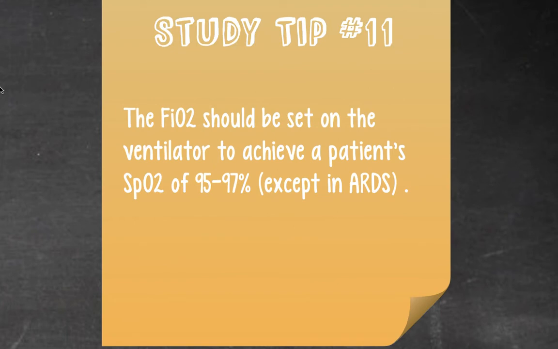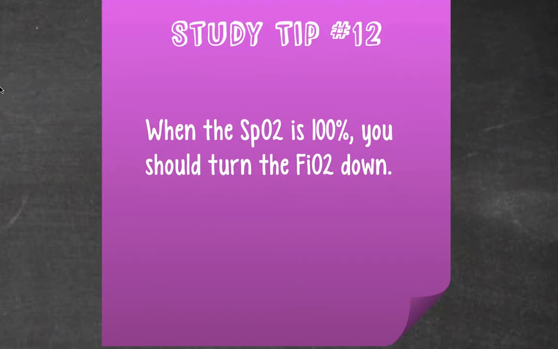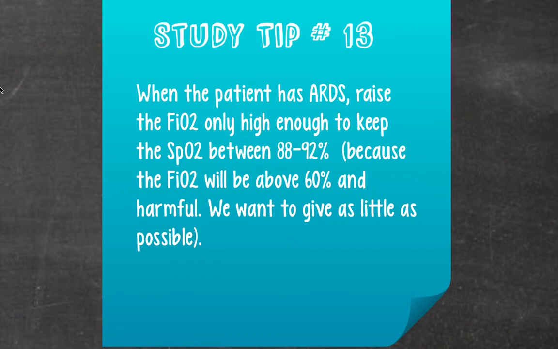Tip number 11. The FiO2 should be set on the ventilator to achieve a patient's SpO2 of 95 to 97%, except in the patient who has acute respiratory distress syndrome. Tip number 12. When the SpO2 is 100%, you should turn the FiO2 down.